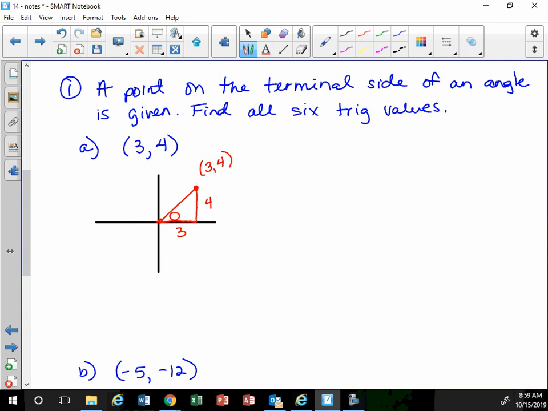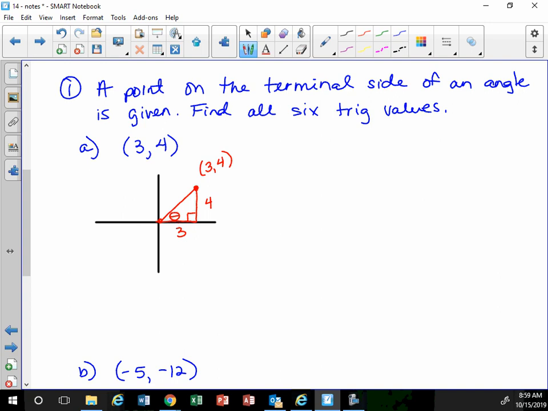The little theta I was talking about always goes in there. So every single time you draw a triangle for me, you have to draw it like this, where the right angle is on the x-axis and the theta is in there by the point 0, 0. Okay, so every single time, right angle to the x-axis.